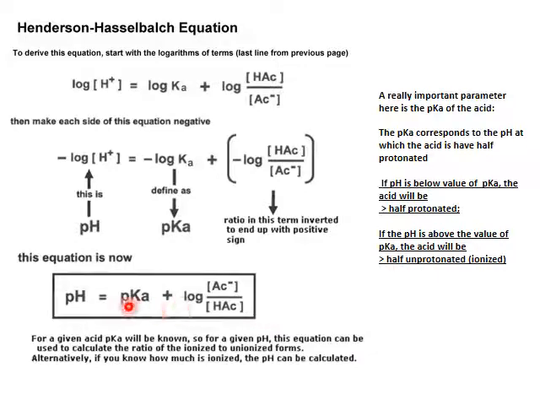So this is a very useful equation in which we can take a buffer, and knowing its pKa and what pH of the solution we have, we know the ratio of the conjugate base over the acid, and we can calculate those species as well.